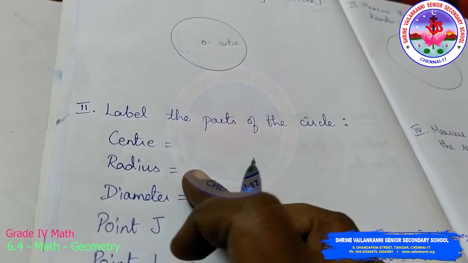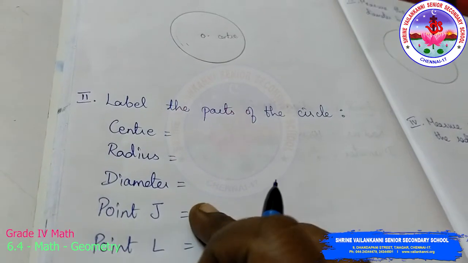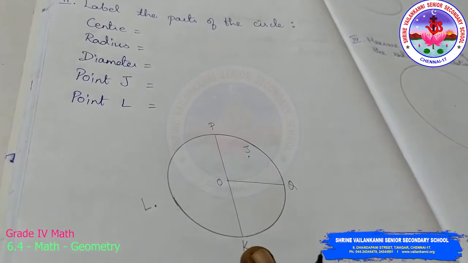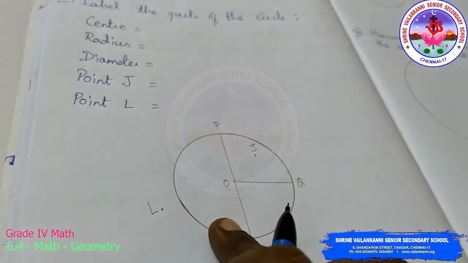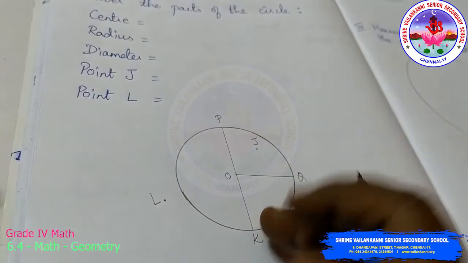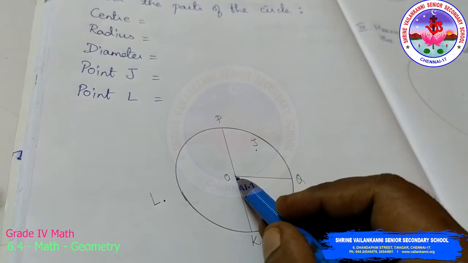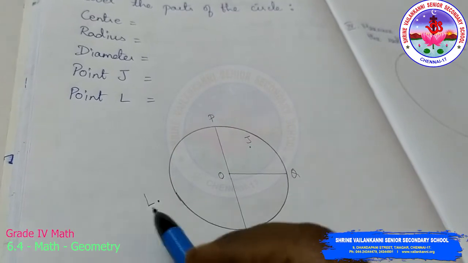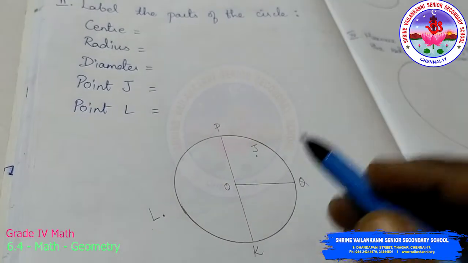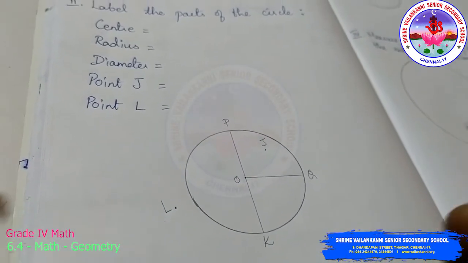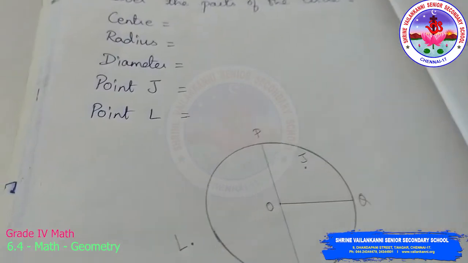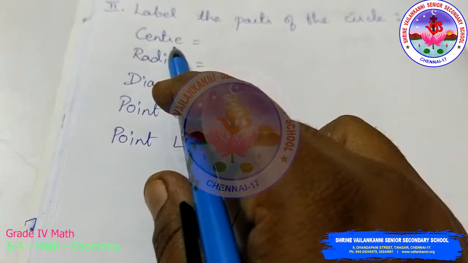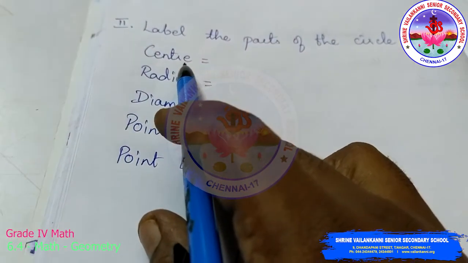Center, radius, diameter, point J, point L, which are shown in the picture. Here I have drawn the circle with different points: this point O, and Q, P, K, L, J. We are going to find what these points and lines are. First, we have to find the center point of the circle.